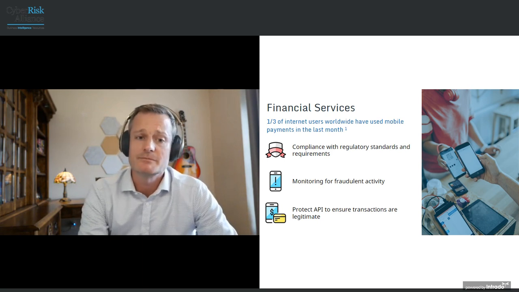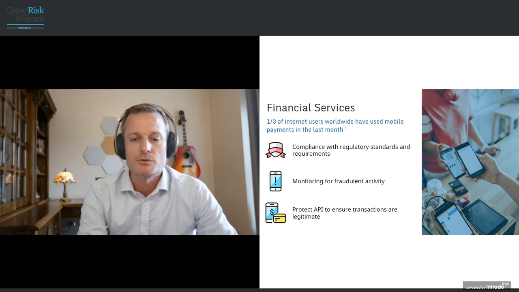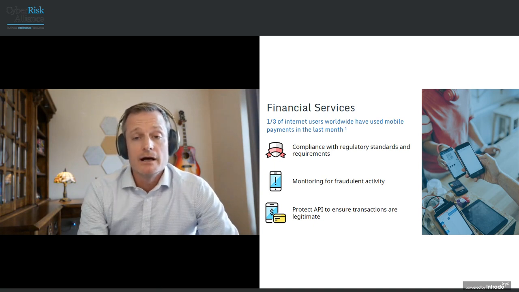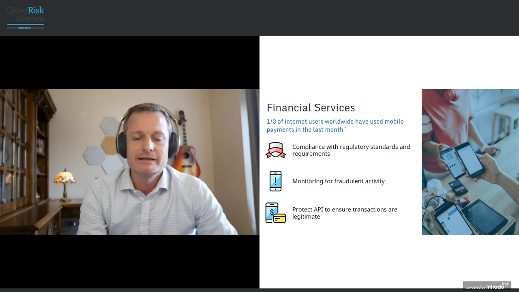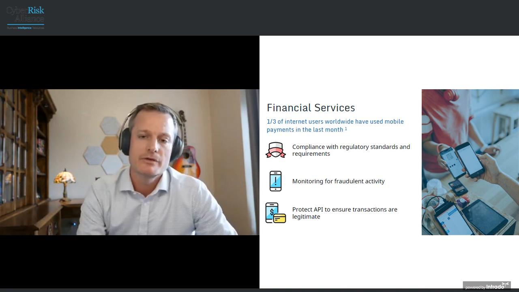It's actually a really big business, with some of the big financial firms having implemented SDKs and licensed those out to app developers around the world. So, one of many examples of industries that have really seen dramatic growth in mobile adoption in the last several years.